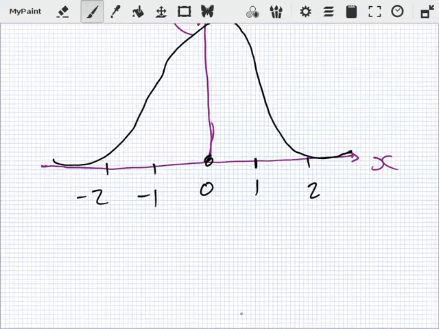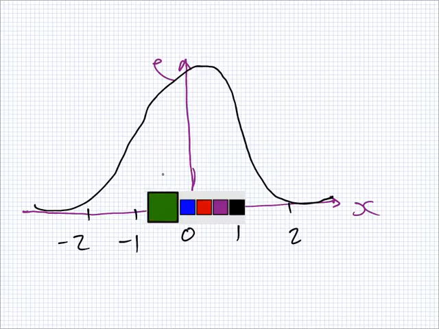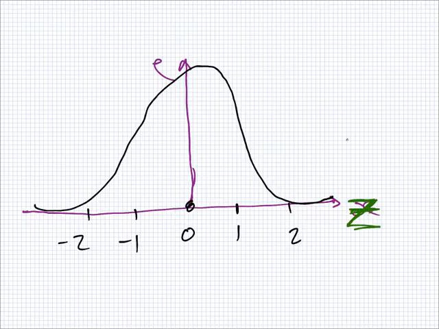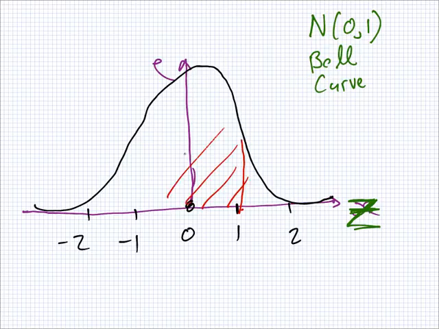So, I want to show you how to use the table. So, for example, if I want to know, and actually this we usually call Z, this is a special table. This is called the N01 bell curve. If I want to know what percentage will be less than 1 on this bell curve.